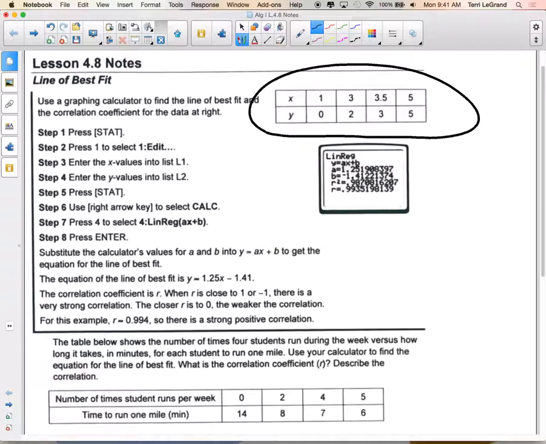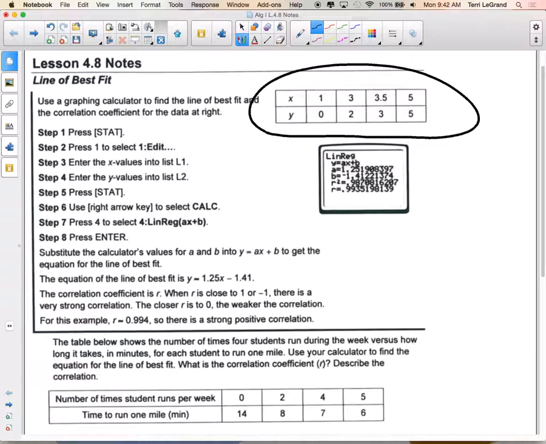It's a pretty small data set, but we're going to put it into the graphing calculator, let it make the scatter plot, and let it show us the line of best fit, and then we're going to talk about it. Okay? Step 1, press stat. So find your stat key.